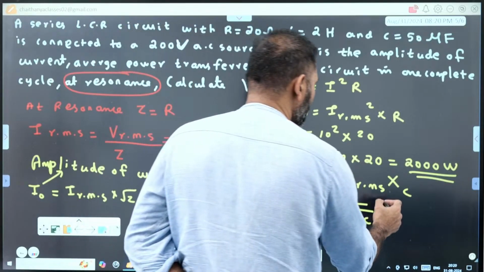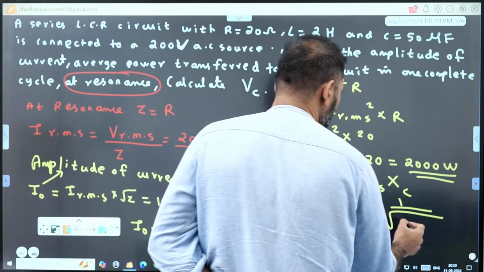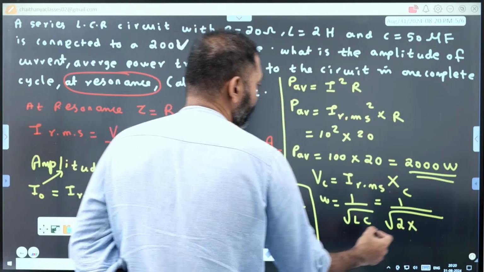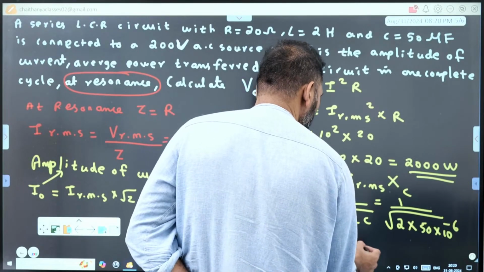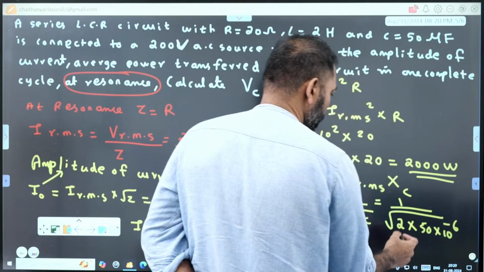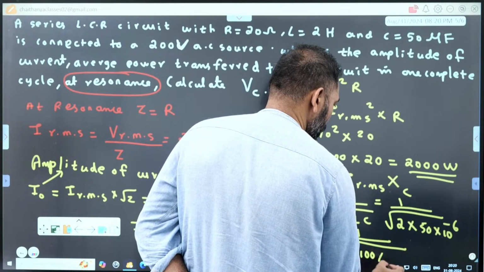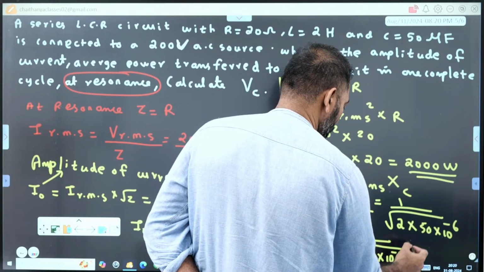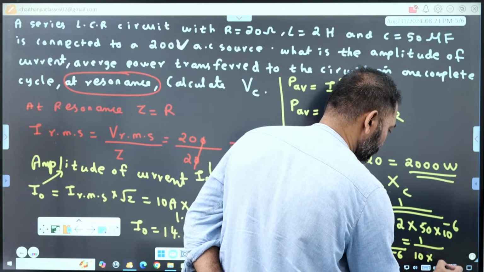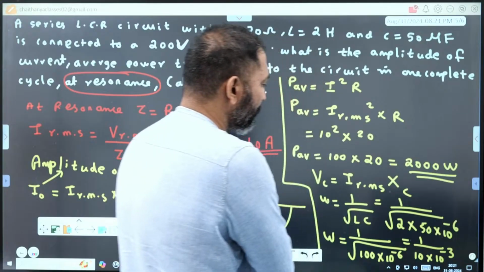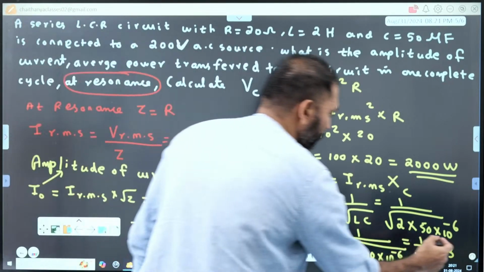So 1 by root of 2 into 50 into 10 raised to minus 6, that is 1 by root of 100 into 10 raised to minus 6. Root 100 is 10, and root of 10 raised to minus 6 is 10 raised to minus 3, which goes to the numerator. It becomes 1000 by 10, that is 100. So what is omega?